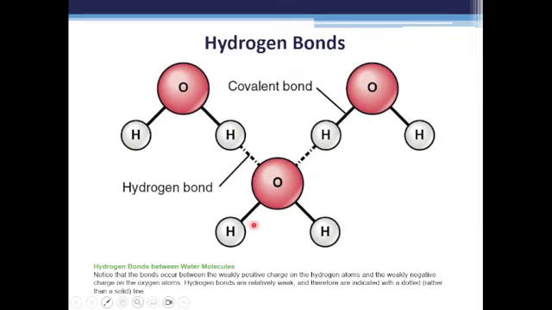It also holds DNA strands together and maintains the structure of enzymes. As you can see, these dotted lines here are what we call the hydrogen bonds. The most important biological example here is DNA, as DNA strands are held together by hydrogen bonds between their complementary bases.